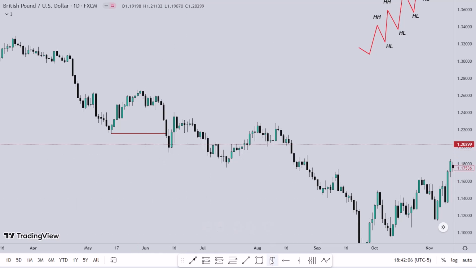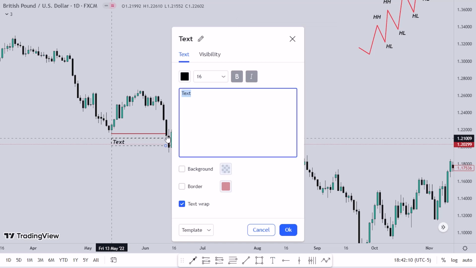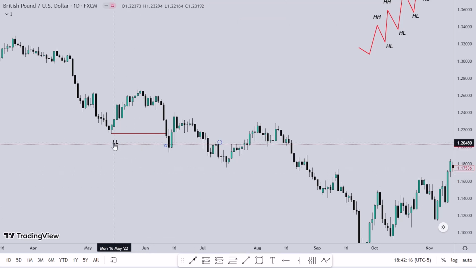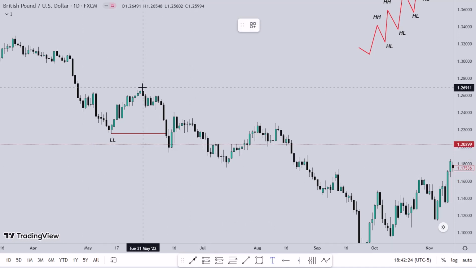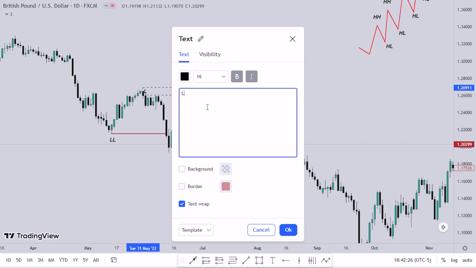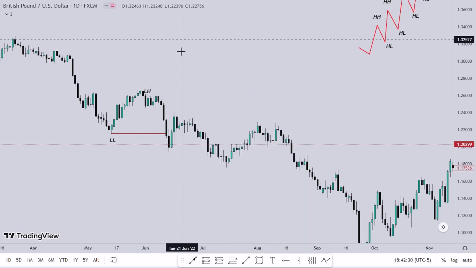And that gave us what we call a lower low, right? This is a lower low because it's lower than the previous low. And we say this is a lower high.